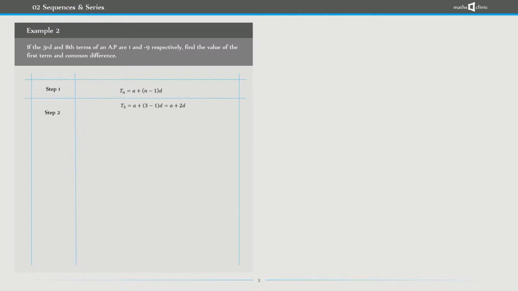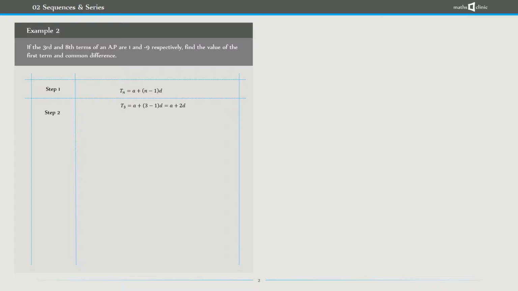Okay, and the next thing we do is substitute our parameters into the equation. You have that T3 is a plus (3 minus 1)d, which is a plus 2d.